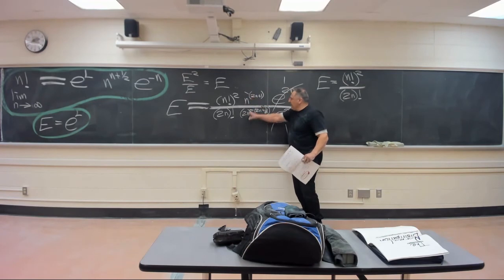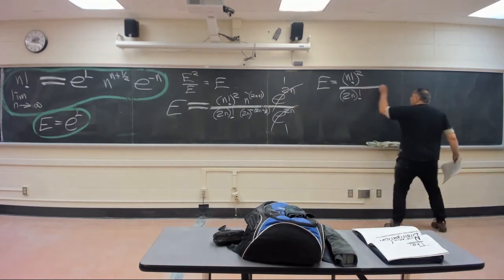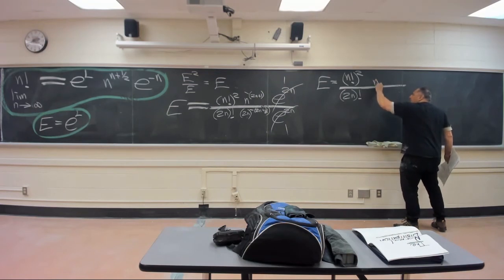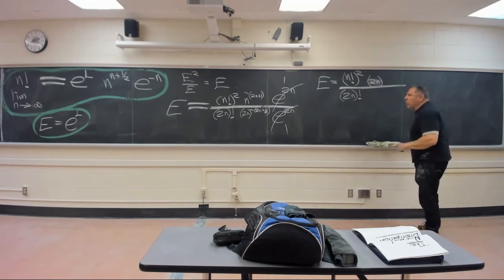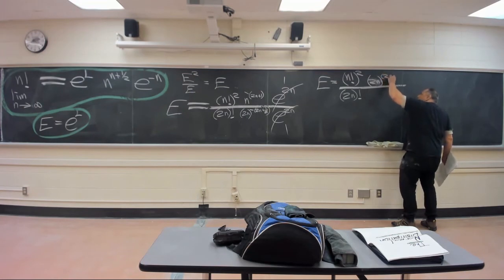This guy, because of the negative exponent, you can bring him up here as a positive exponent. This guy, because of the negative exponent, you can bring him down here as a positive exponent. So you've got this stuff, easier done than said. You just don't know how we're following this thing when we're doing it.